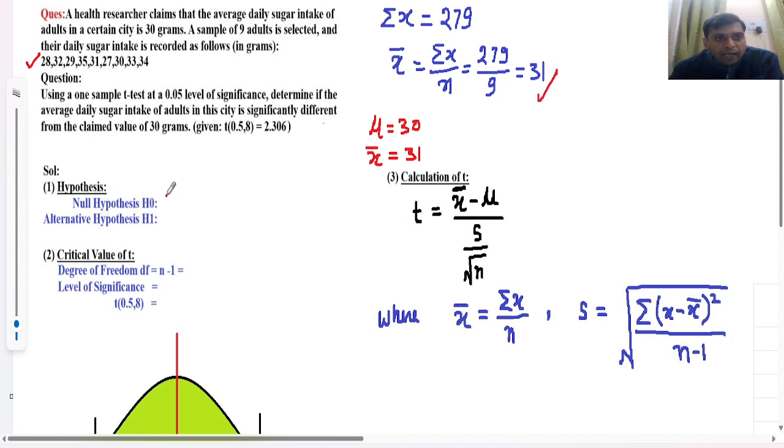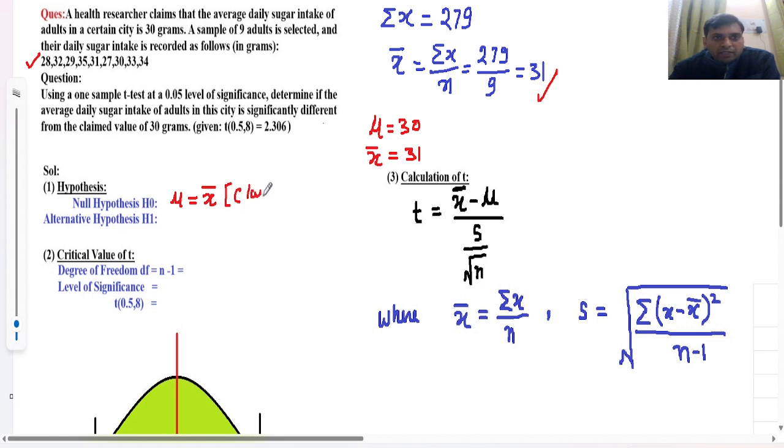So in the null hypothesis we will write there is no difference between this 30 grams and this sample. So simply we will write first population mean equals sample mean, that is x bar. This shows there is no difference, or simply the claim is verified.